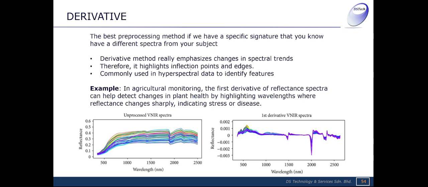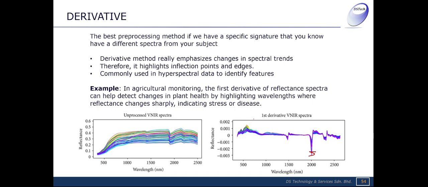So for example, here you can see at 2000 there's a very huge dip. This huge dip is maybe the specific feature that you want to look at. That's why it's here. It's actually written here that it emphasizes changes of spectral trend.